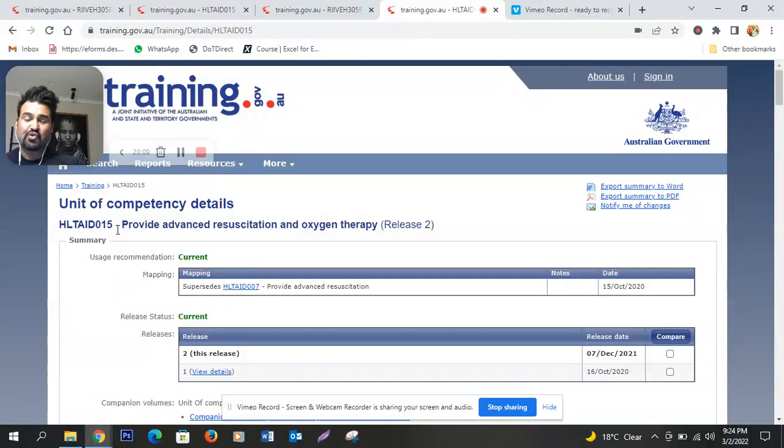You need to make sure that you deliver it separately, before the training or the learning for HLT 8015 begins. Now, there could be a lot of things if you have delivered to the same sort of batch, provide first aid, and you know that they're going to do provide advanced resus. If there are commonalities, you can then remap this particular HLT 8015 to the previous one, which is HLT 8011.